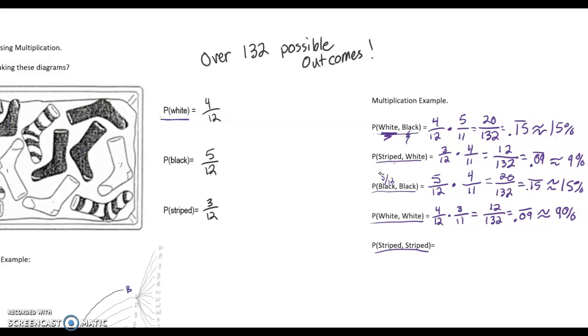And then when we use the striped sock, we're going to do 3/12 times 2/11 because we took a striped sock out. And then we get 6 over 132. So we have to take our top divided by our bottom, and we get 0.045, where the 4 and the 5 repeat.